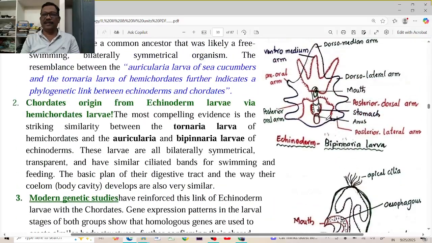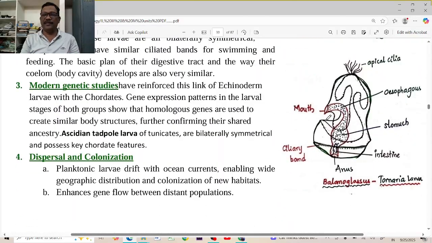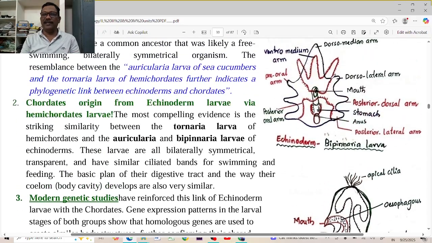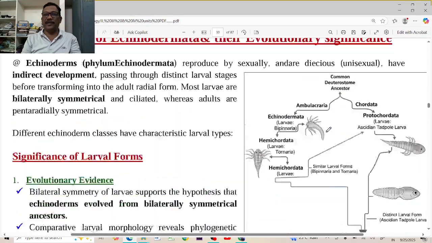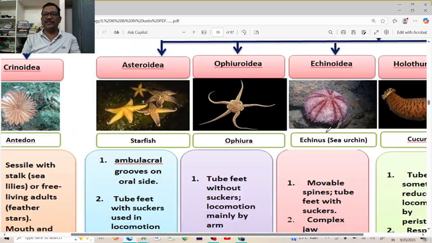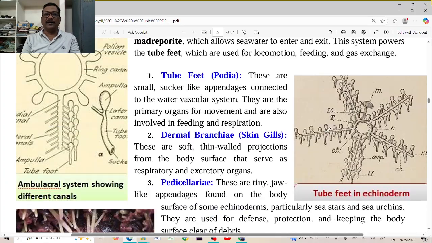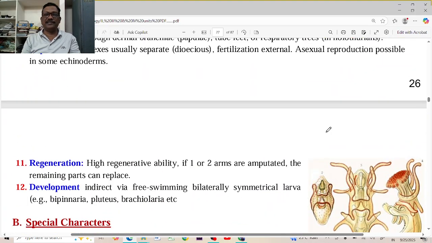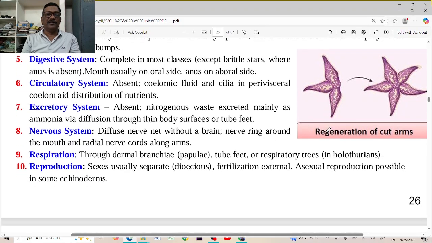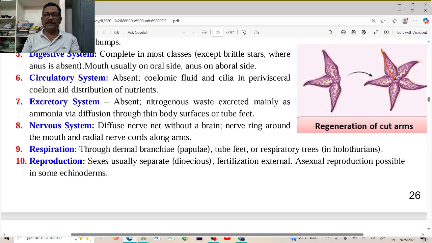These are the Echinoderm larvae, Bipinnaria and Tornaria larvae. They show bilateral symmetry, just like Platyhelminthes, Nematohelminthes, Annelida, Arthropoda, Mollusca, Chordata and Hemichordata. This bilateral symmetry appears in the larval stage only, whereas in the adult organism we see pentaradial symmetry. We cannot see bilateral symmetry in the adult Echinodermata, but we can see pentaradial symmetry.